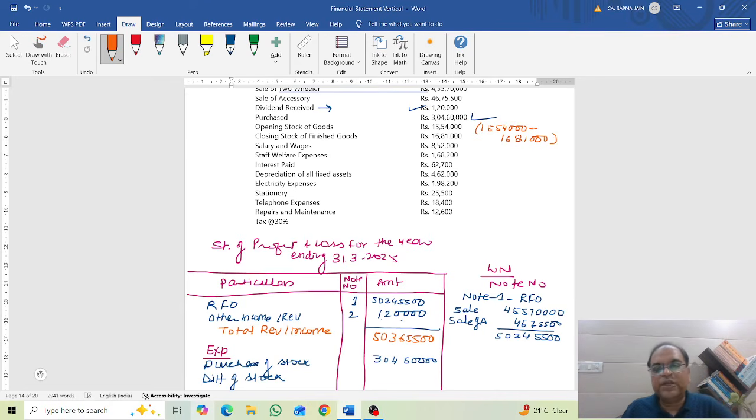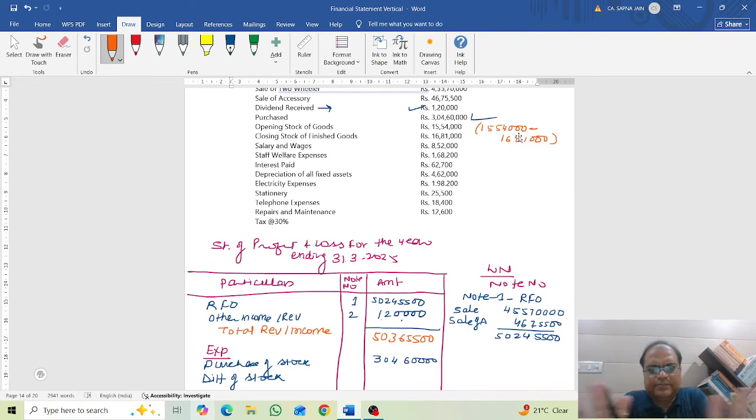Third item is difference of opening stock minus closing stock. So difference may be of negative or positive or maybe of equal. If the opening stock is lesser than the closing stock, so definitely the difference will be negative. And if your opening stock is more than the closing stock, then the difference will be positive. And if your opening stock and closing stock are the same, then the difference will be nil, zero.